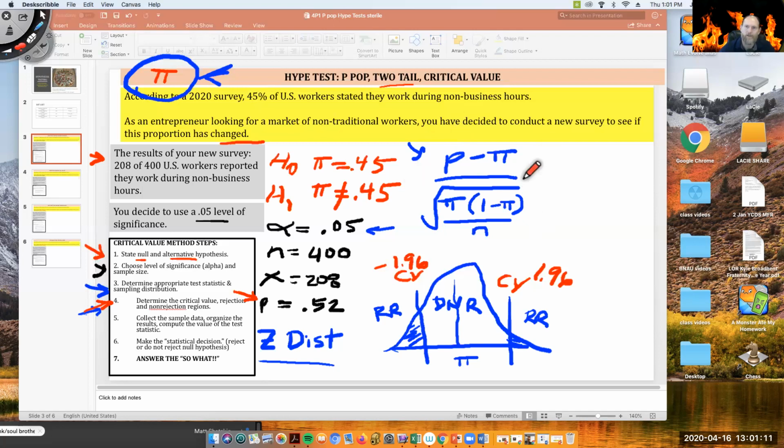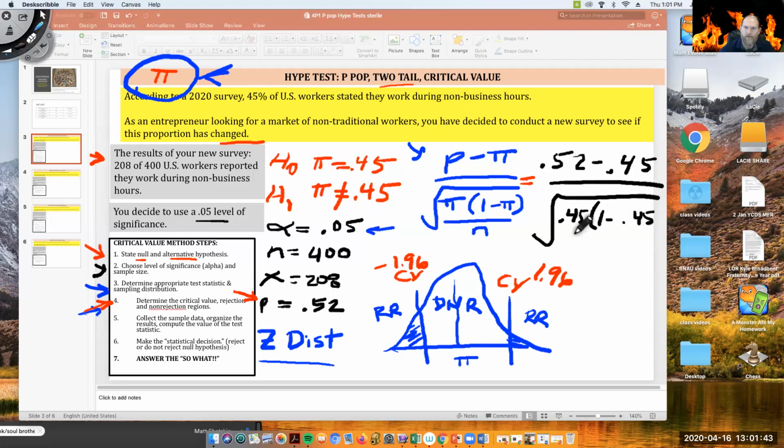Okay, so let's make sure we got our setup correct. P is 0.52. P-pop, what I like to call, is 0.45. We're going to divide all that by the square root of 0.45 times 1 minus 0.45 over 400.